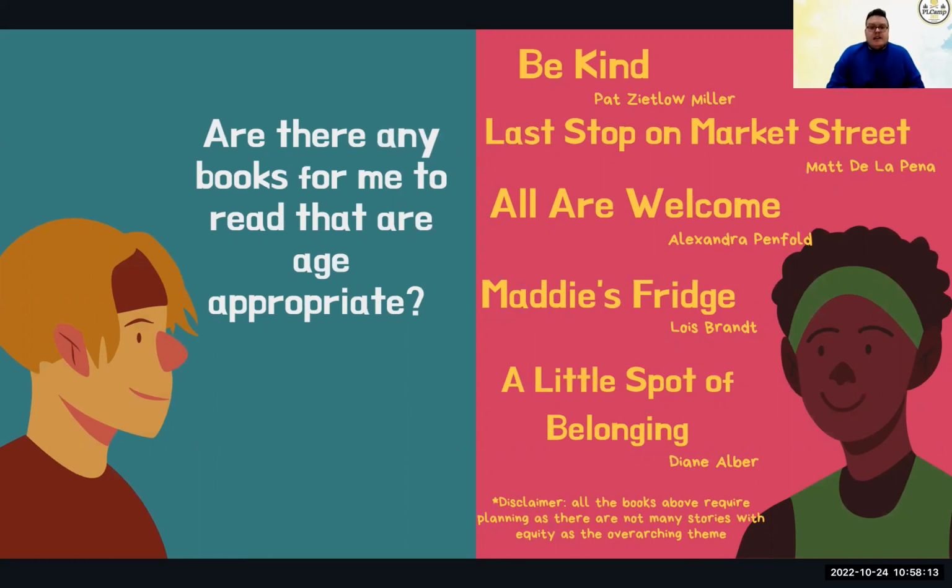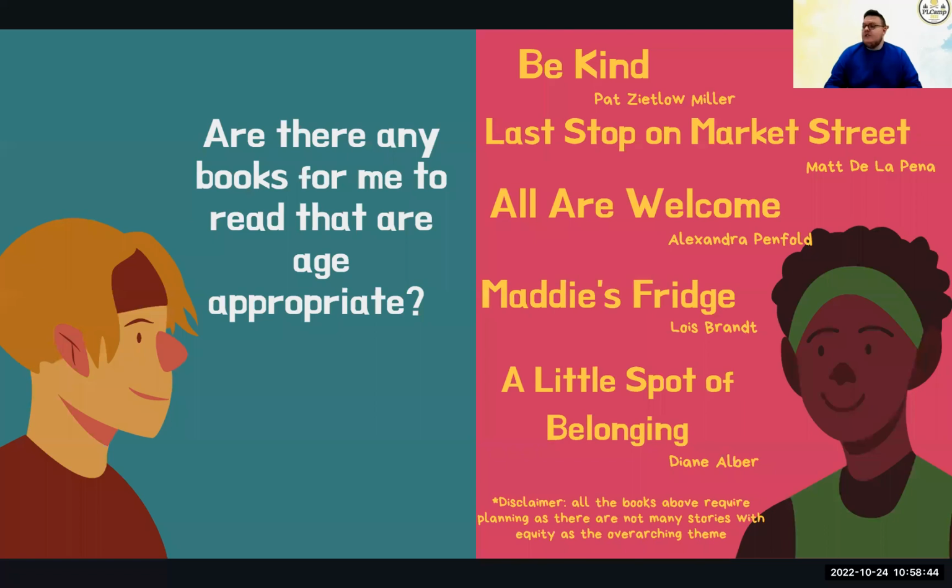A lot of books that are out there are not specifically about equity. So there is a theme of equity in the book, but you really have to pull it out with the students and talk about it with them at the end to make that point known, to make the equity point known.